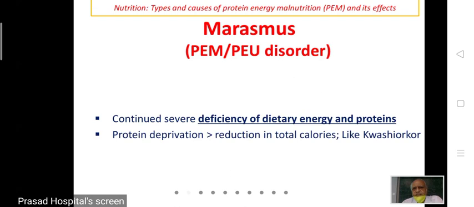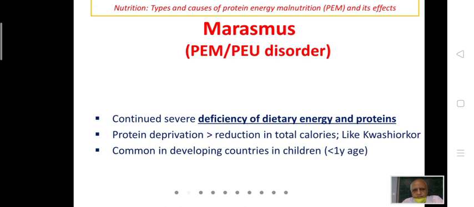Protein deprivation is greater than reduction in total calories, like kwashiorkor. Both carbohydrate or fat and protein deficiency create marasmus, and that's why the body of the marasmus child looks very thin and skeletal.